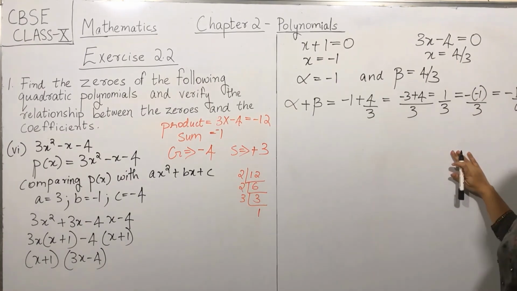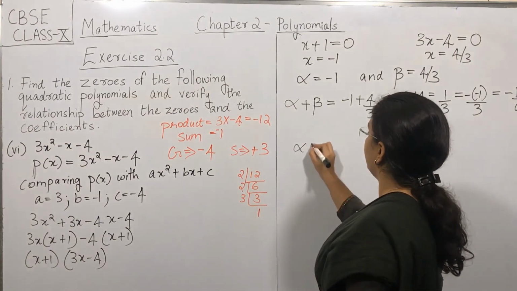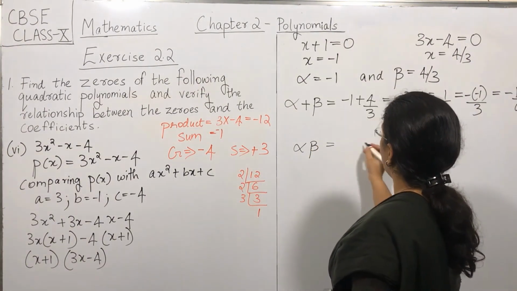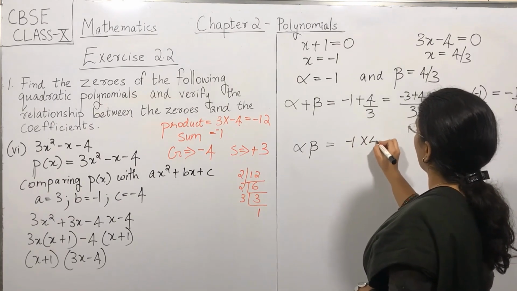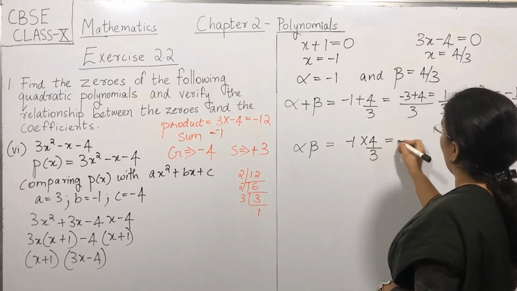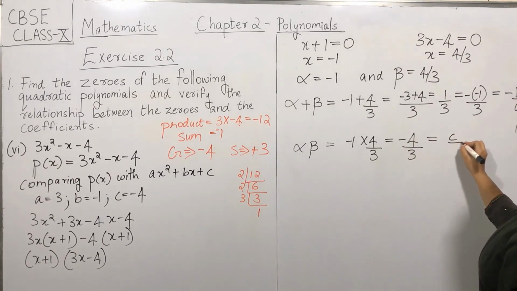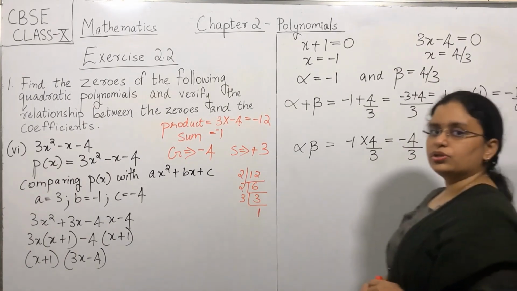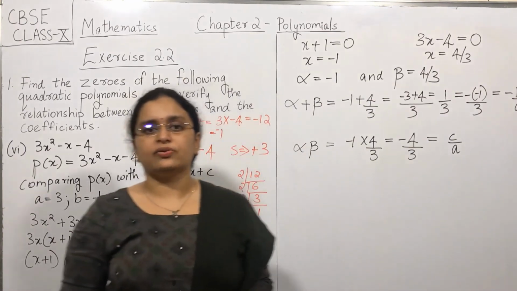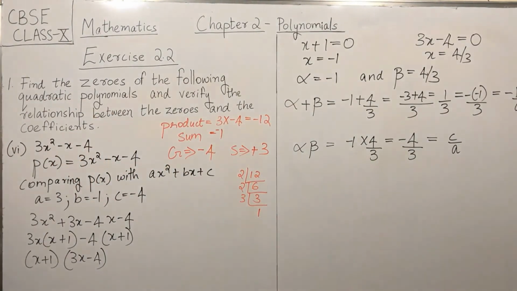Hence verified. Now alpha into beta equals minus 1 into 4 by 3 equals minus 4 by 3, which is equal to c by a. Hence we found the zeros and also we verified the relationship between zeros and the coefficients.